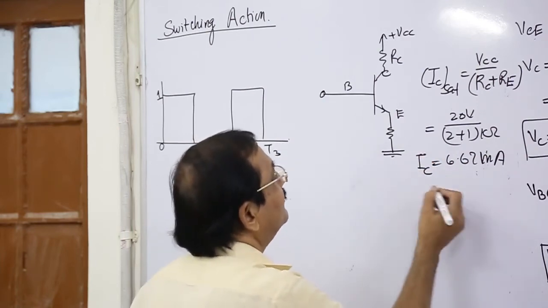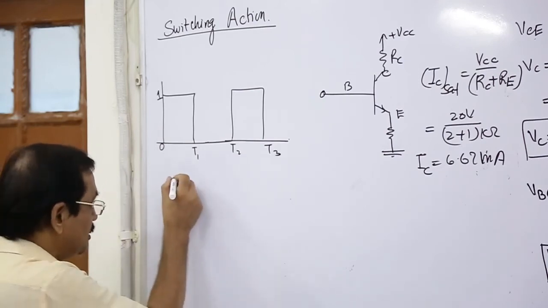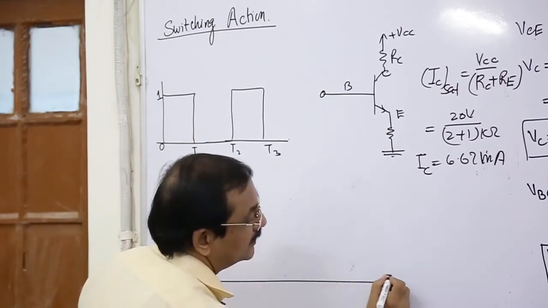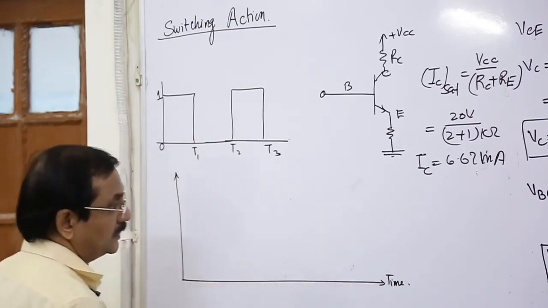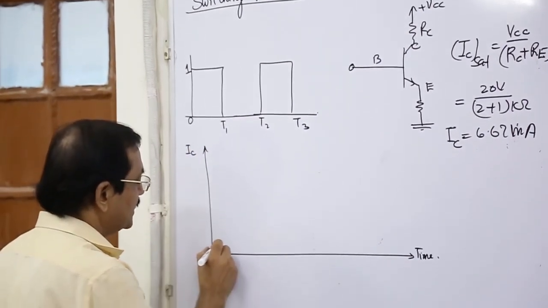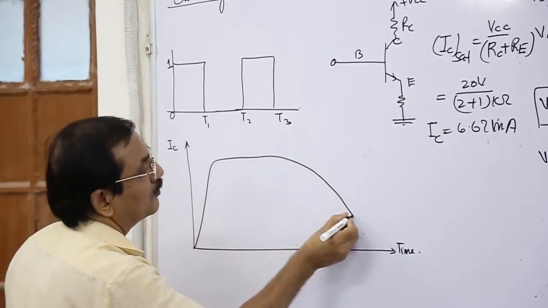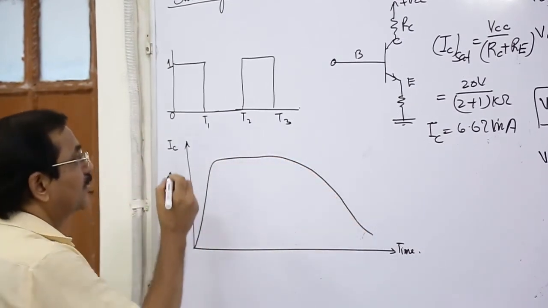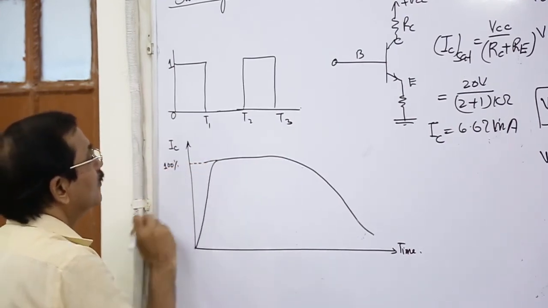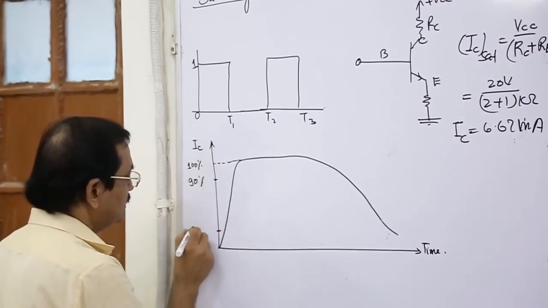So, for this IC value, if we draw the graph, here it is time, and this is IC. So, we have this kind of graph. This is the 100%, this is 90% and this is 10%.